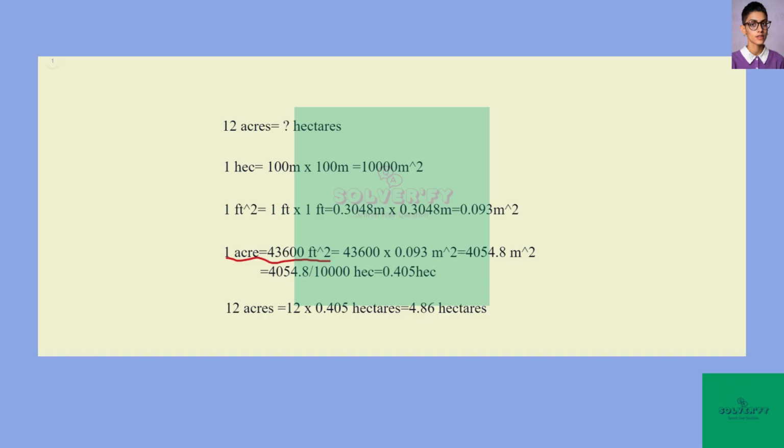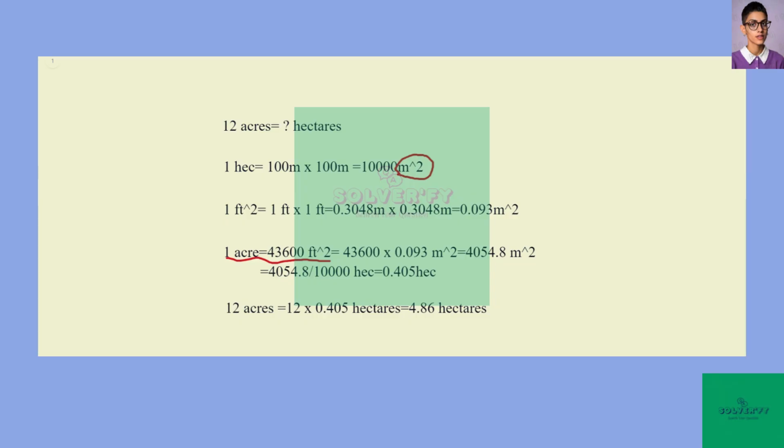Now, to find out how many hectares equal 1 acre, a good way is to first convert all the relevant units into a common unit, which is also the SI unit, meters, and then we can convert between any two types by the link of this common unit.